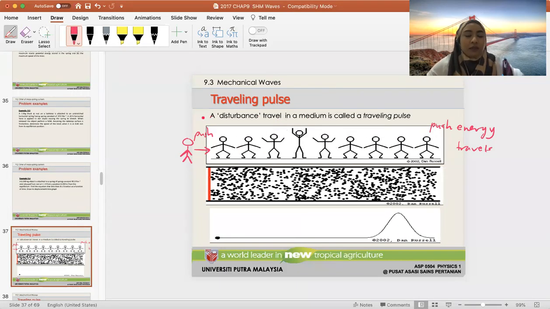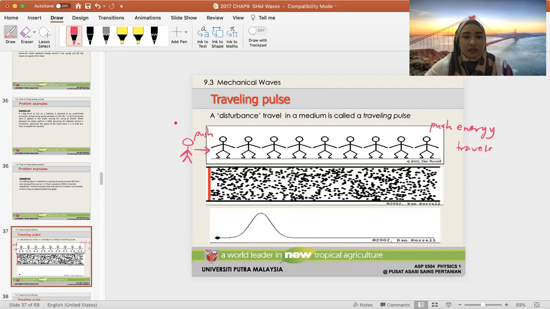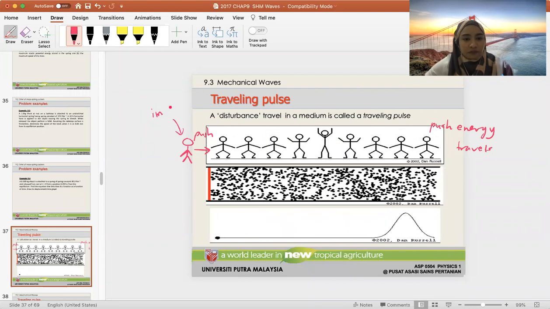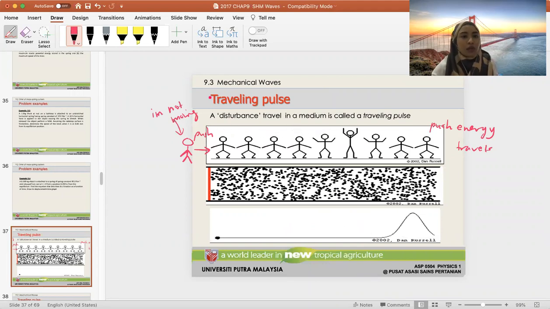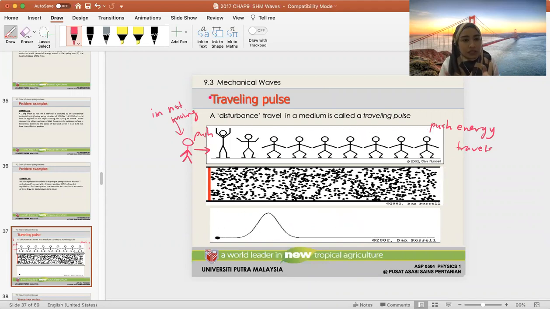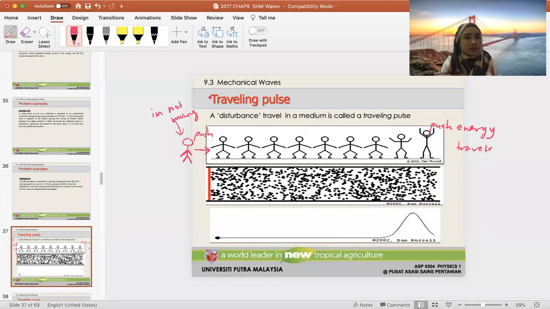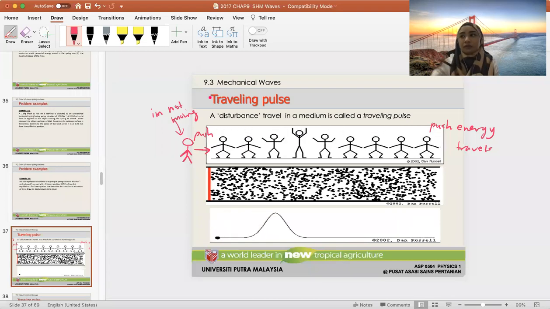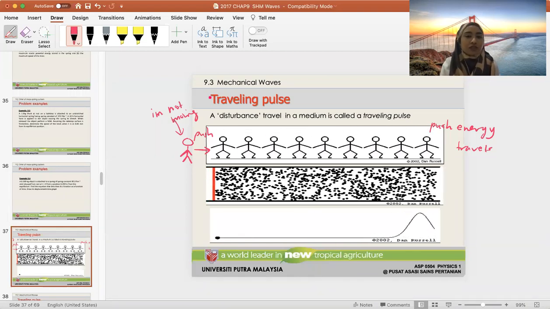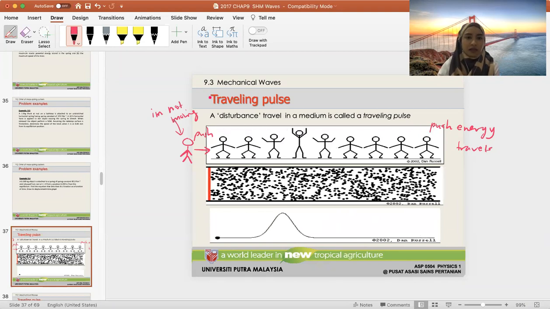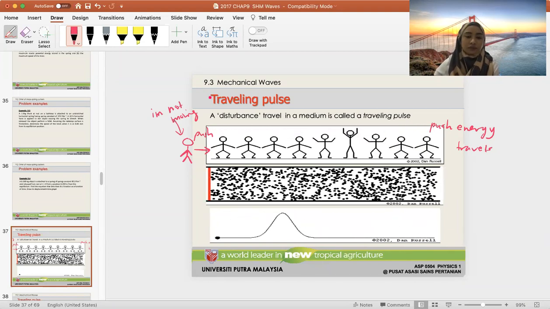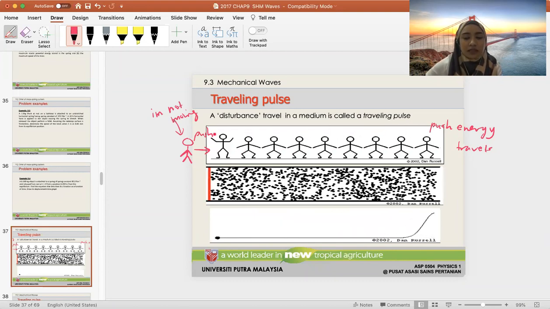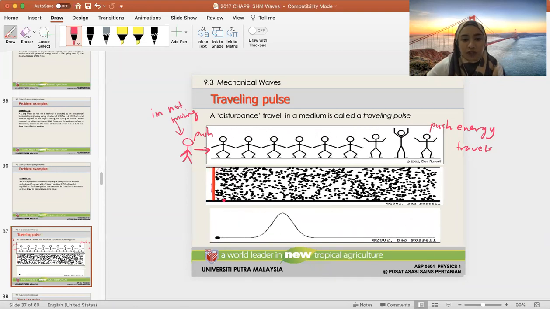Basically, I am the particle here. I'm not moving. But what moves? The energy moves. So in mechanical waves, the particles do not move per se. They do not move forward, but the energy is traveling. They transfer the energy forward. Okay, so let's see the next example. These are a bunch of particles.